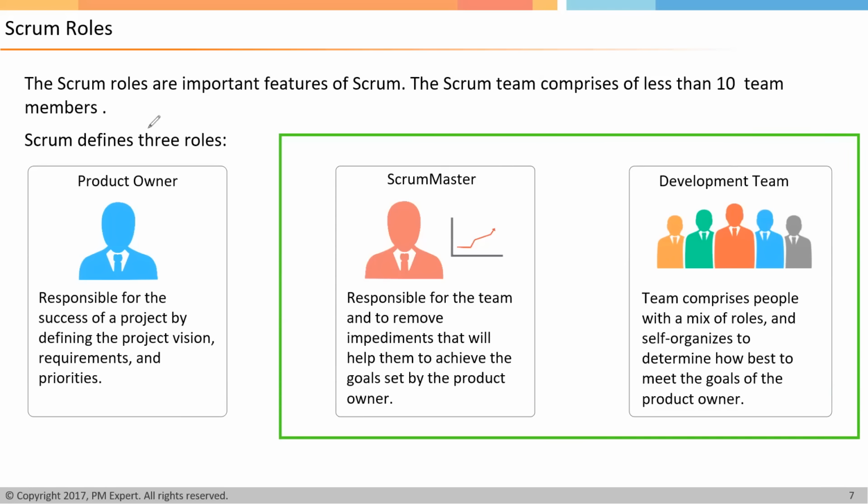Scrum Master is a facilitator, a servant leader who helps the team, and who removes all the blockers or impediments that come on the way of the development team. This Scrum Master is a Scrum process expert, a coach, facilitator, and Scrum process expert.